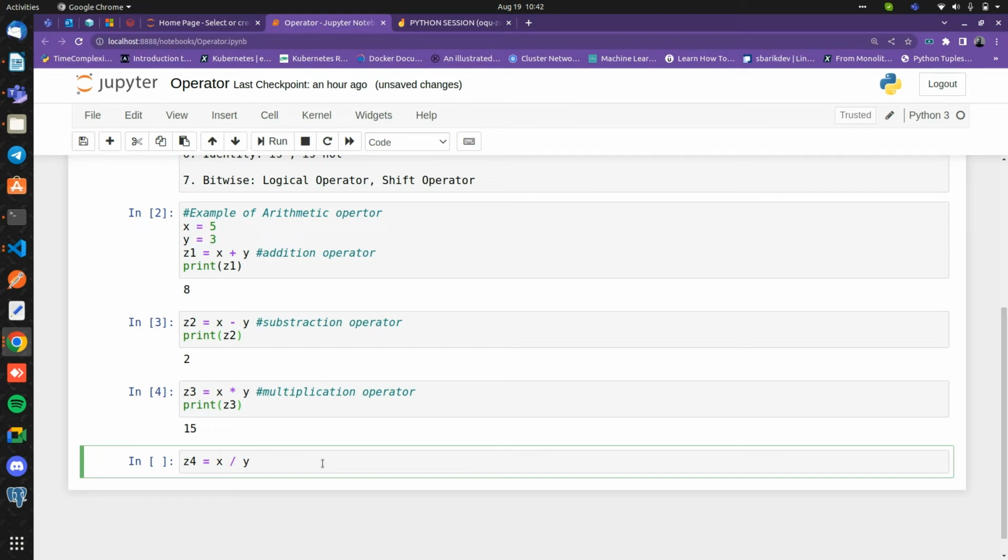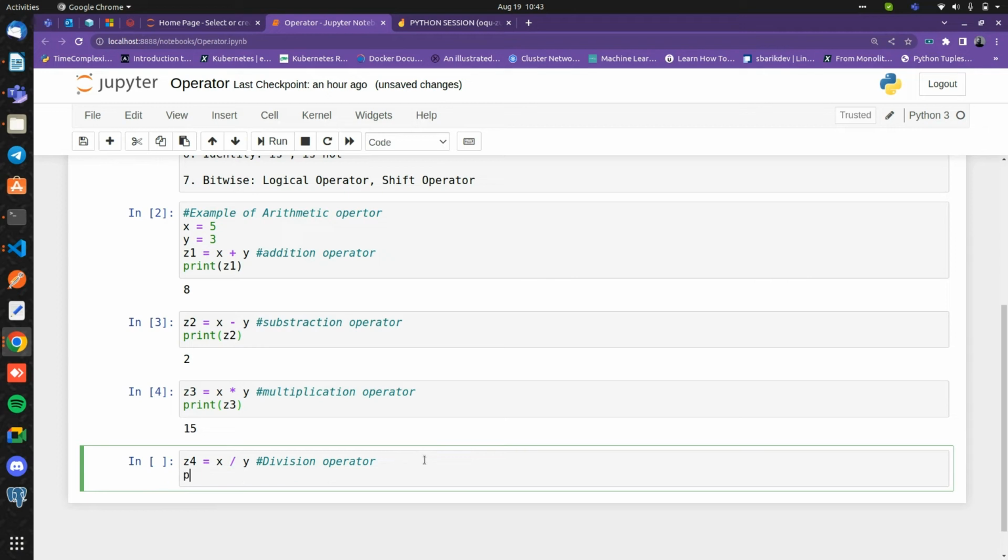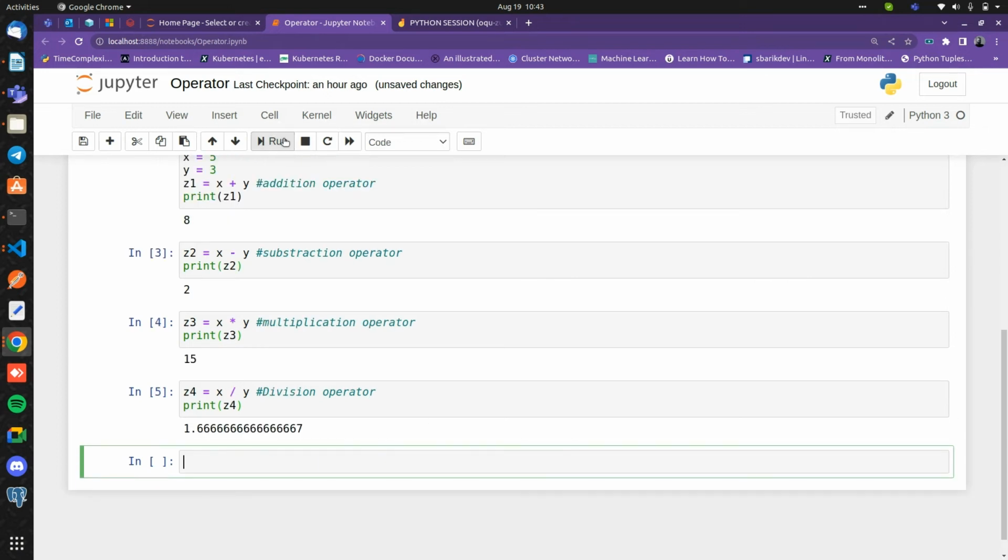So this is my division operator. Notice that the division operator will always give you a float value. If I print z4, it gives the float value 1.666 and so on. It will always give me a float value.